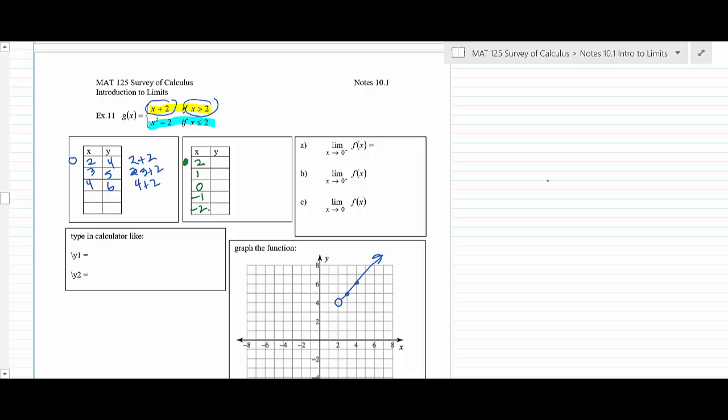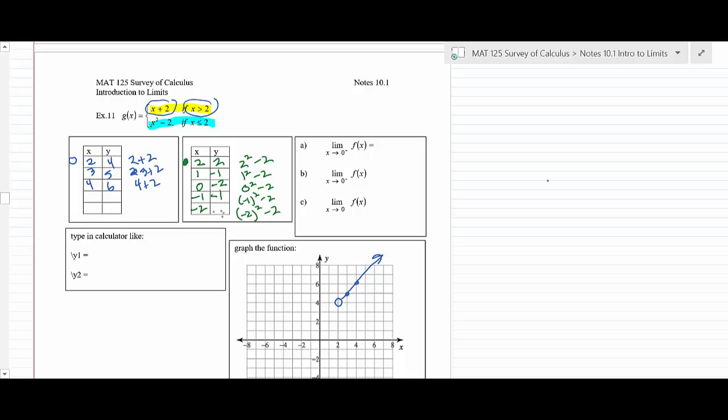So you're doing x squared minus 2. So that's 2 squared minus 2, which is 2. 1 squared minus 2 is -1. 0 squared minus 2 is -2. -1 squared minus 2 is 1 minus 2, so that's back to -1. And then -2 squared minus 2 is 4 minus 2, so that's 2 like that.